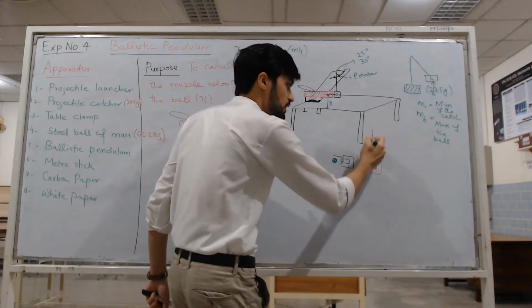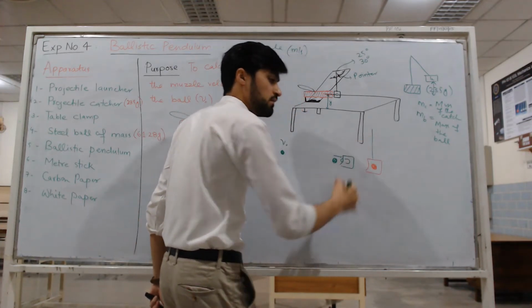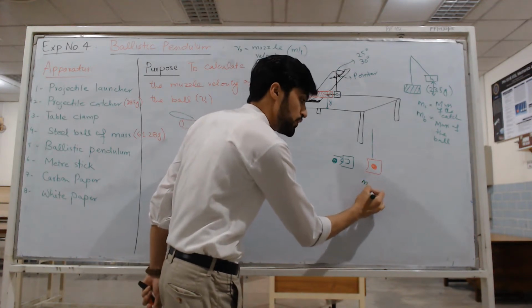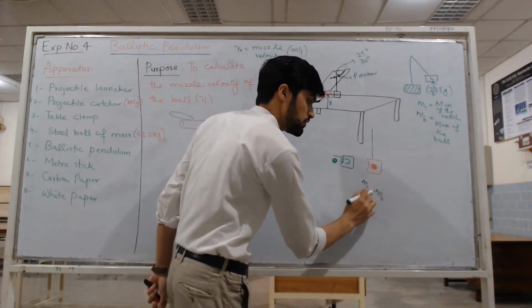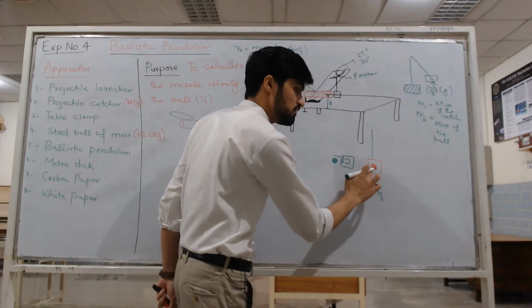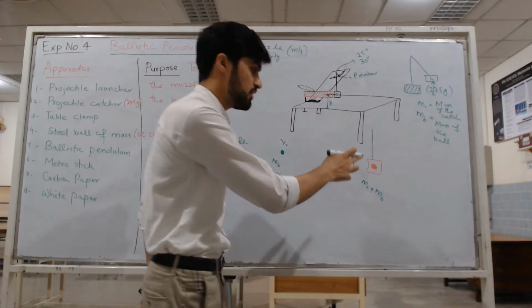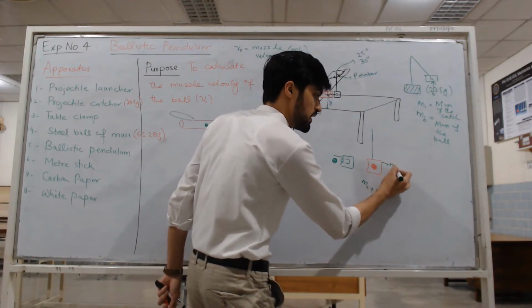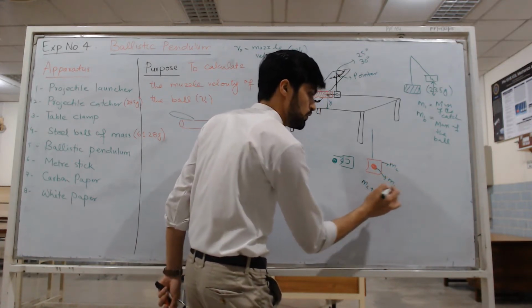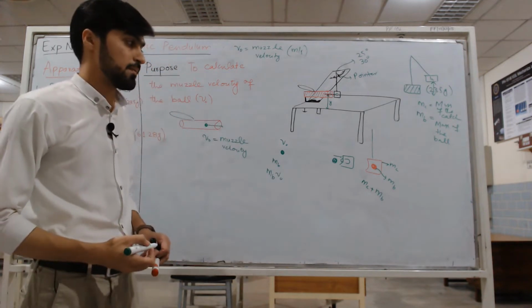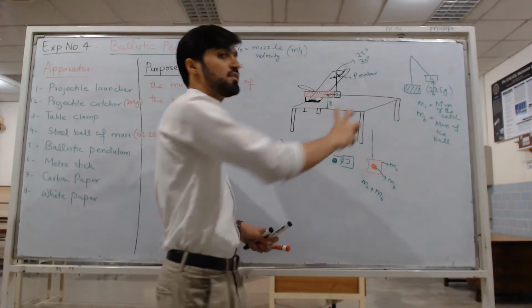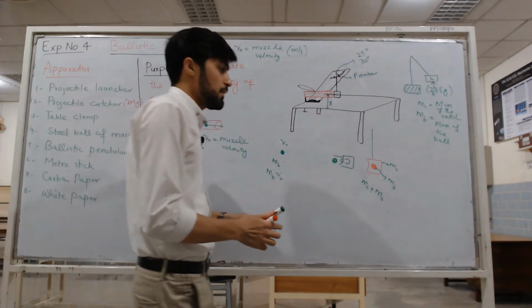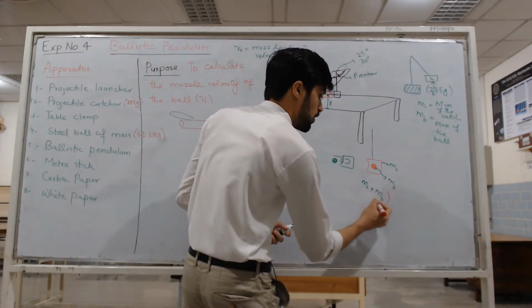So when it moves, what is the mass of this catcher now? The mass of the catcher now includes the mass of the ball, because the ball is stuck inside the catcher. This is the mass of the catcher and this is the mass of the ball, so we will have the total mass of the catcher. And when it moves after the collision, I can say that its velocity is v.